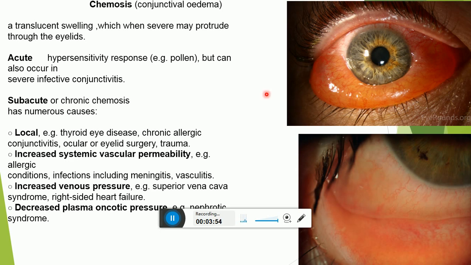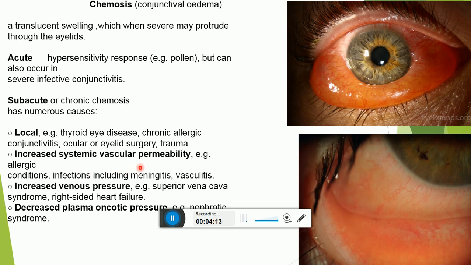For example, the local causes are thyroid eye disease, chronic allergic conjunctivitis, ocular or eyelid surgery, and trauma. Another cause of chemosis is increased systemic vascular permeability.